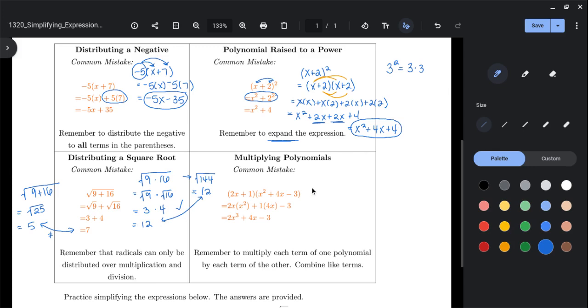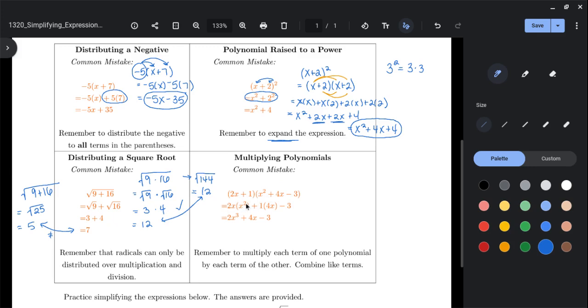All right, now our last common mistake we're going to look at is multiplying polynomials. We've already done a little bit of this in our distributing a negative example and our polynomial raised to a power example. But in this case, we actually have a binomial, so a 2-term polynomial, times a trinomial, a 3-term polynomial.